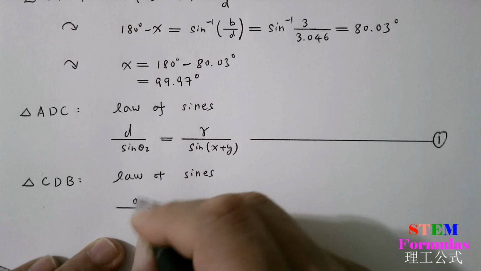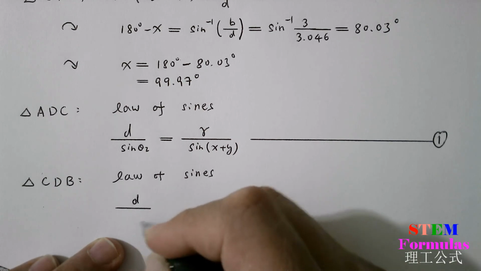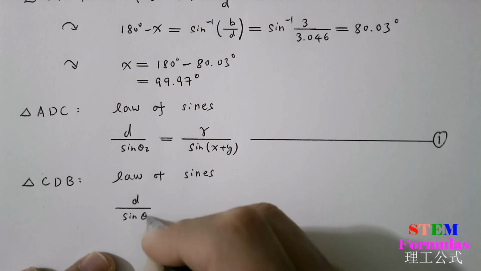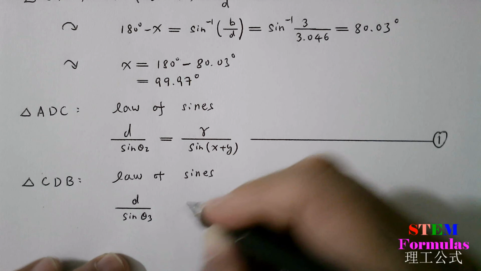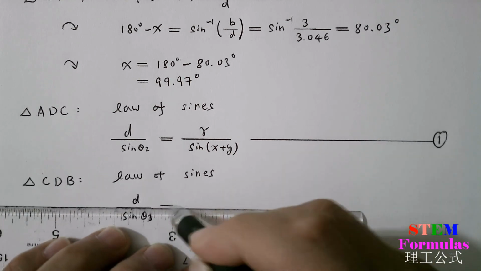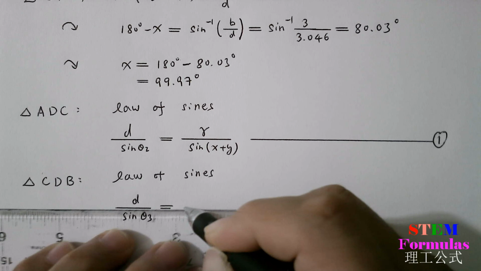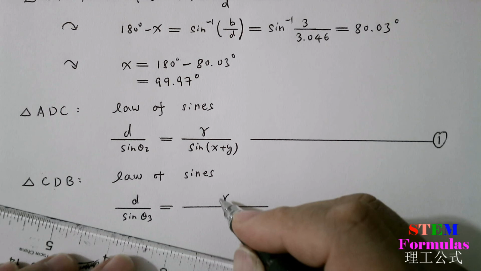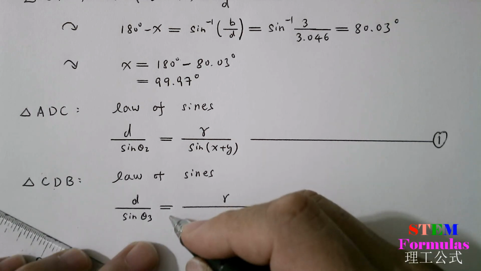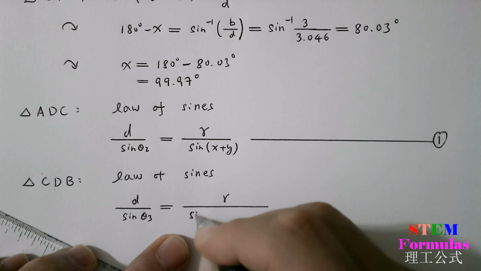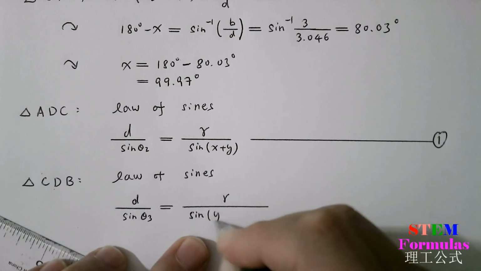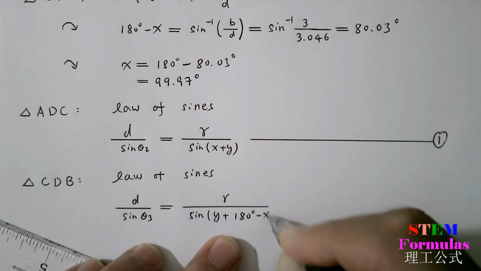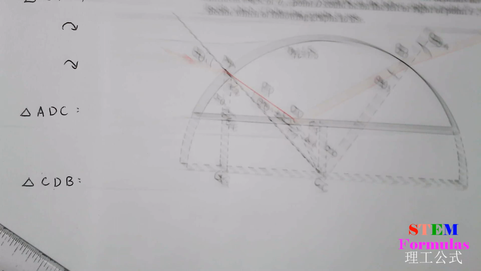D divided by sine theta 3 equal R divided by sine y plus 180 degrees minus x. So we use this triangle.